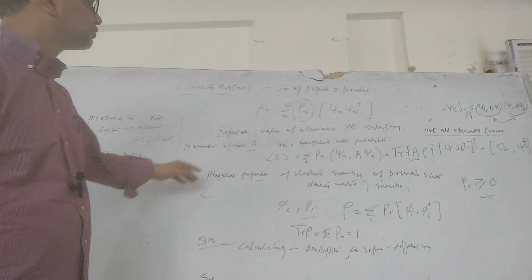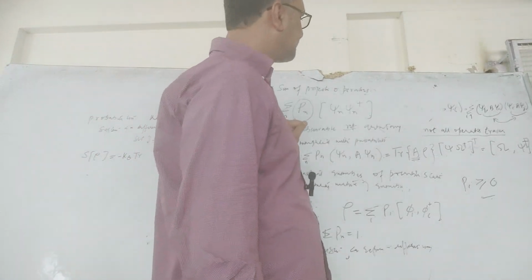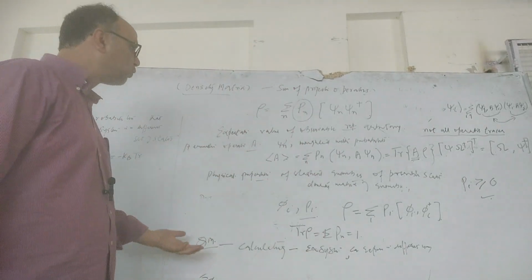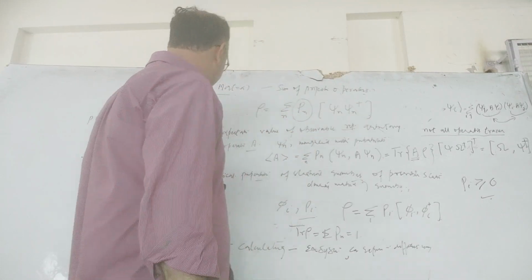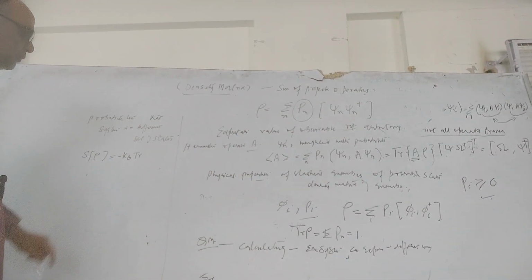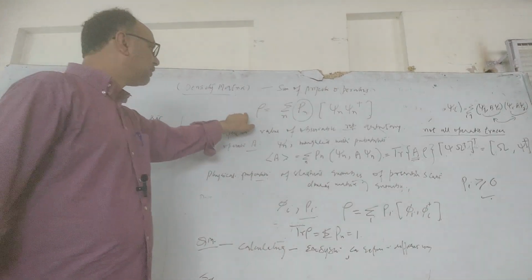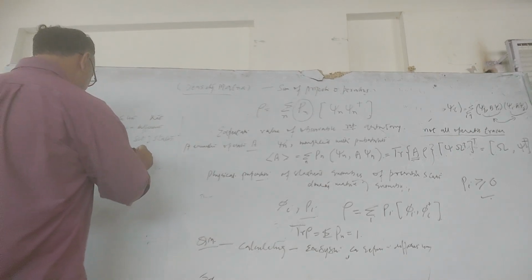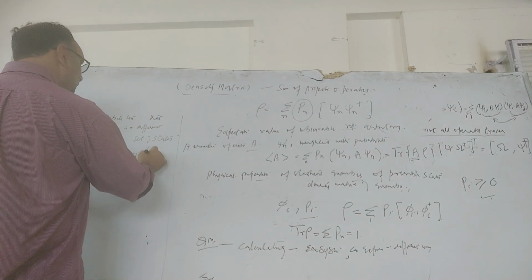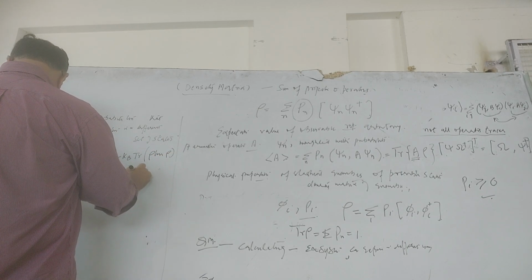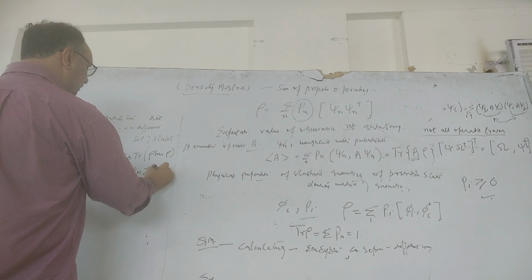Since we have this language of quantum statistical mechanics, we can write these operators there. If you want the thermodynamic parameters, you can write it as S equals minus k_B trace of rho log rho, or minus k_B sigma p i log p i.